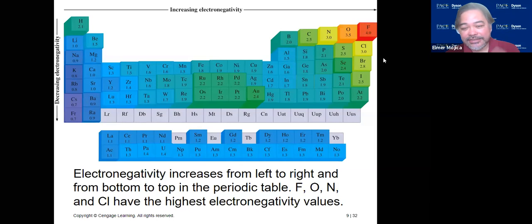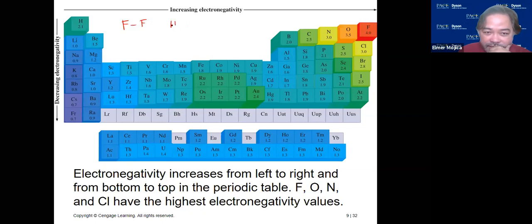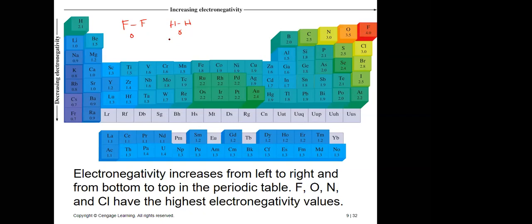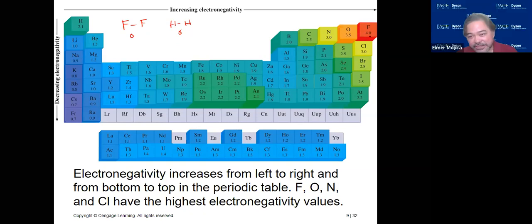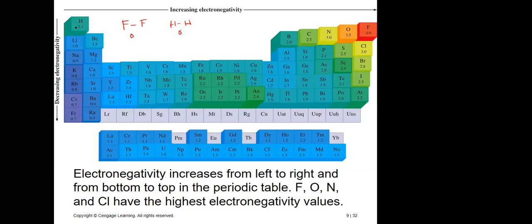So what can you say about the electronegativity difference between fluorine and fluorine, and hydrogen and hydrogen? They are both diatomic. If you compare the electronegativity difference of these, you get 0. Why? Fluorine minus fluorine is 4 minus 4, and hydrogen minus hydrogen is 2.1 minus 2.1.